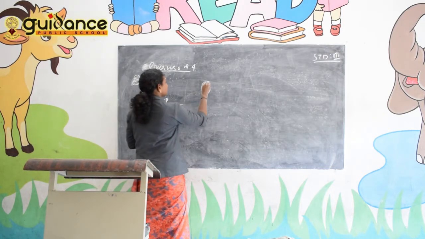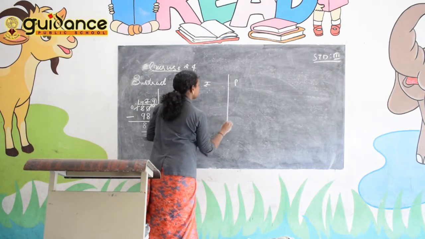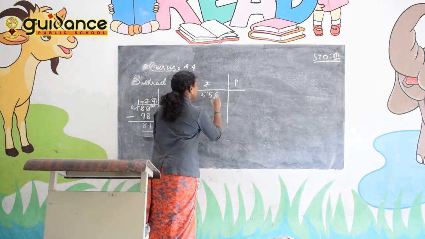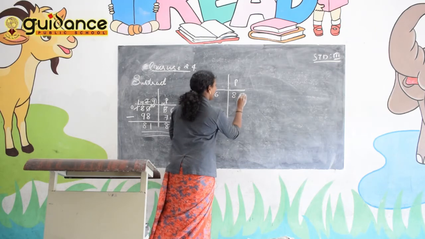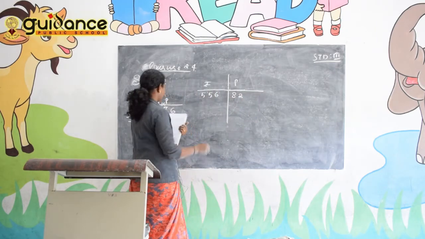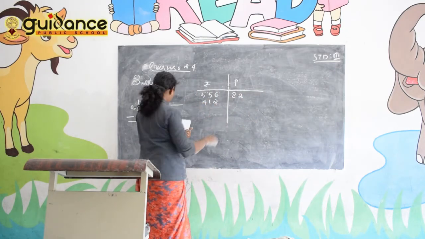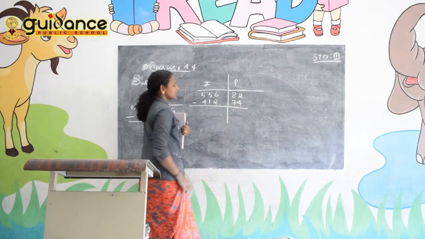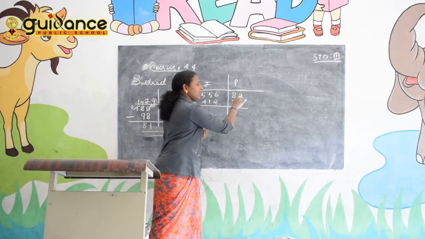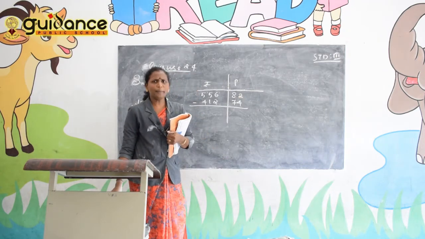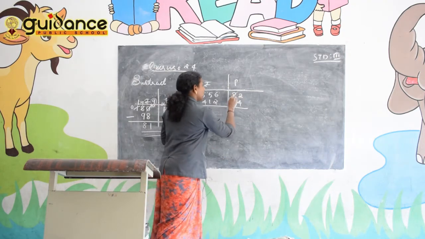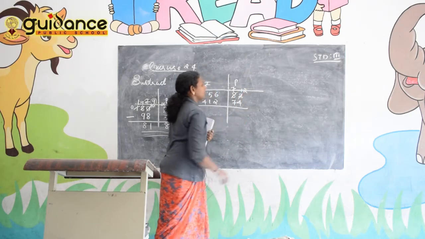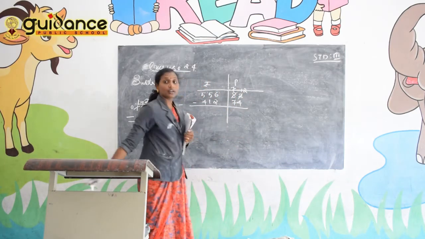Then next, rupees and paise. 556 rupees 82 paise. 412 rupees 74 paise. Then subtract 2 minus 4. It's not possible. Take a borrow. At that time 8 becomes 7. 2 becomes 12. 12 minus 4.